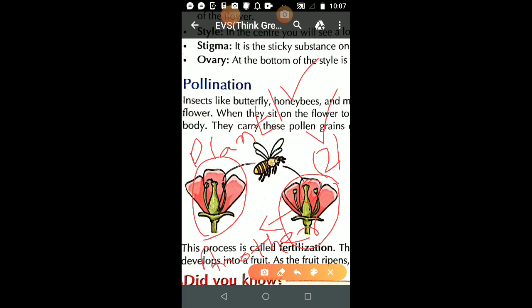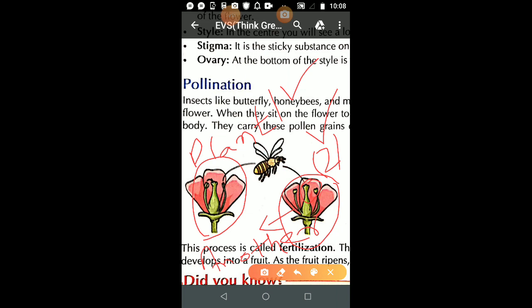So such a type of pollination is known as cross pollination. I think you are able to understand what I explained to you. This is plant number 1.